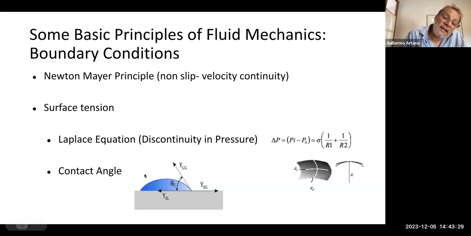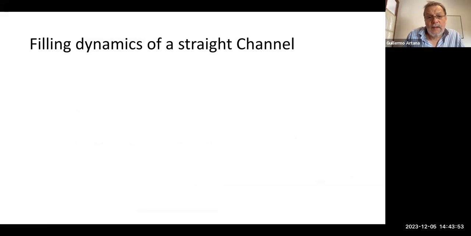And the other aspect is that you may have a wall, and when you have a wall, fluid and air, you will have a contact angle appearing that has very important aspects in the problem that we are dealing with.